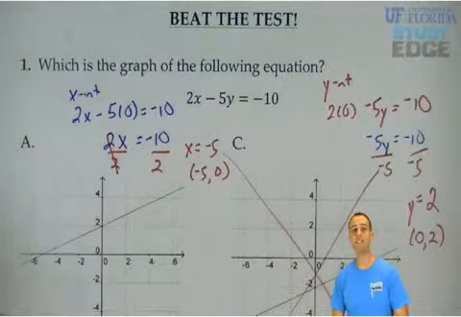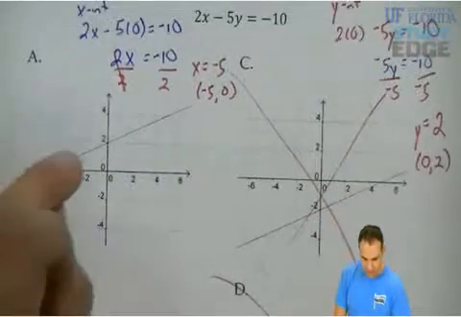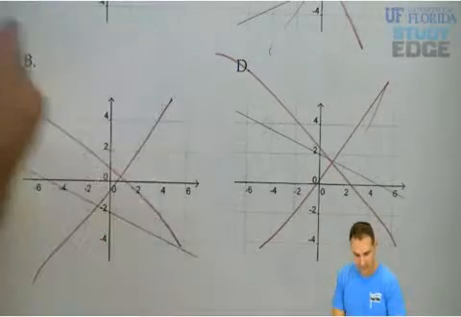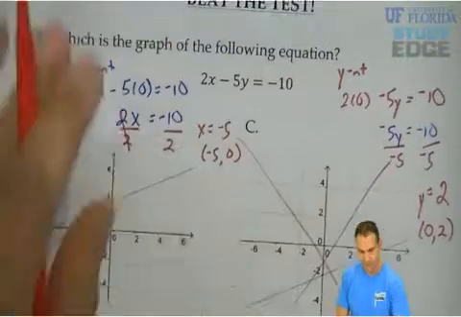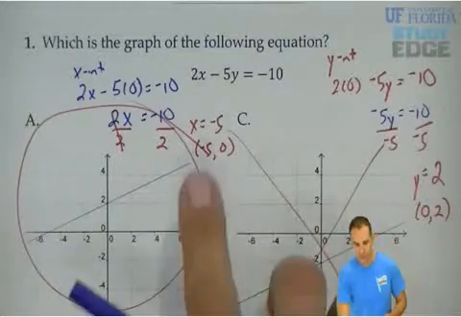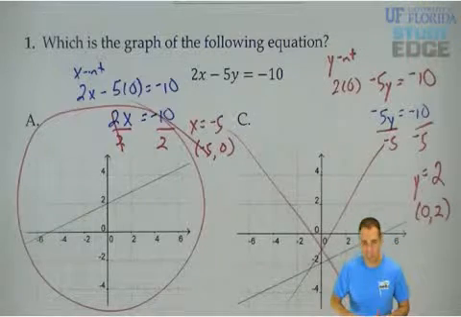But right now, I want to see which of my answers, A or B, has a y-intercept of 2. It looks like A has it, and B does not. The answer for the first question is A. This would be the graph for the following equation: 2x minus 5y equals negative 10.